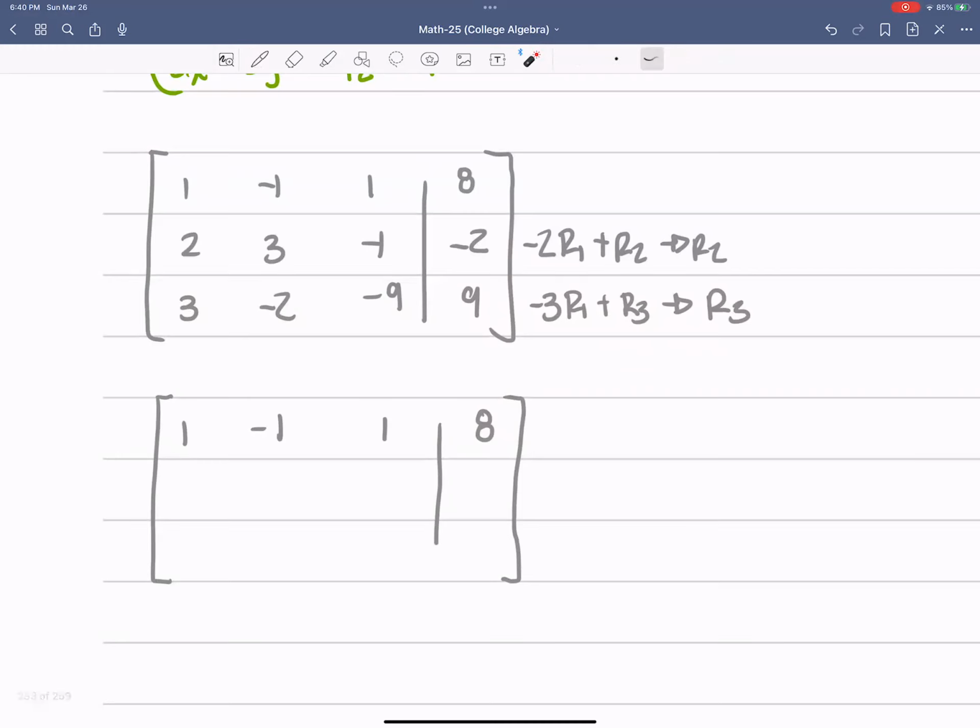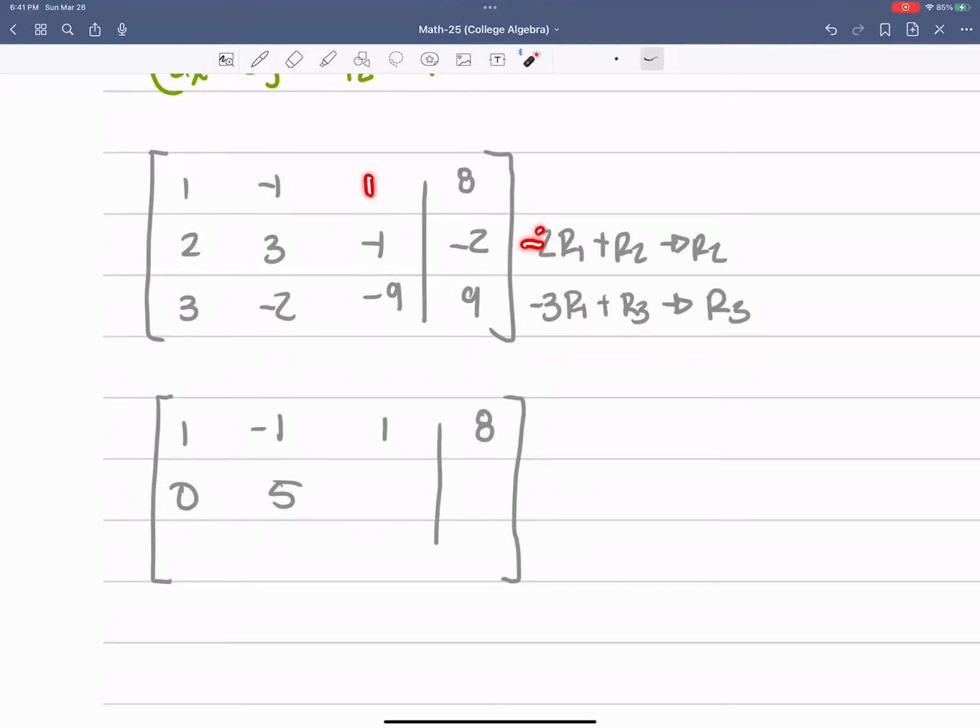All right, so we have 1 times -2 is going to be -2. 2 plus a -2 is going to be 0. And next we have -1 times -2. It's going to be +2. +2 plus 3 is going to give us 5.